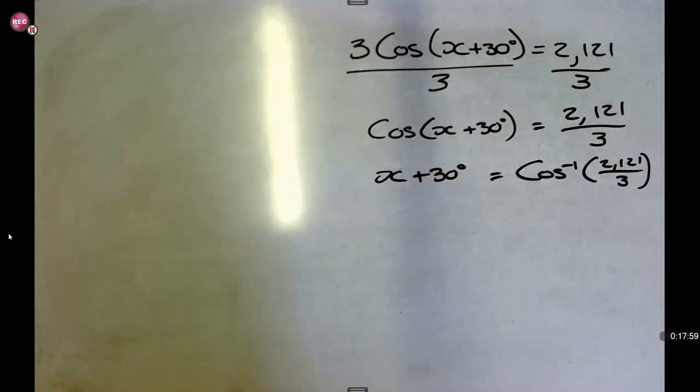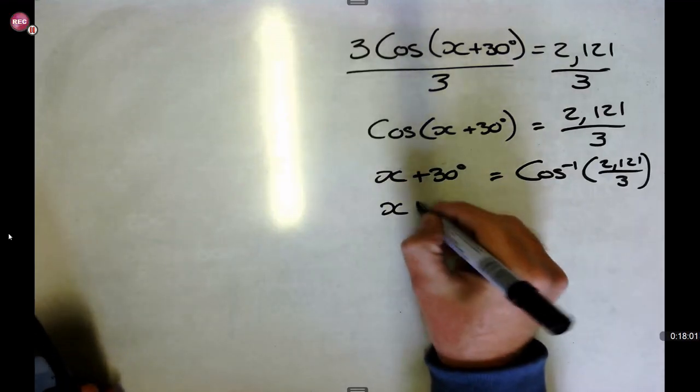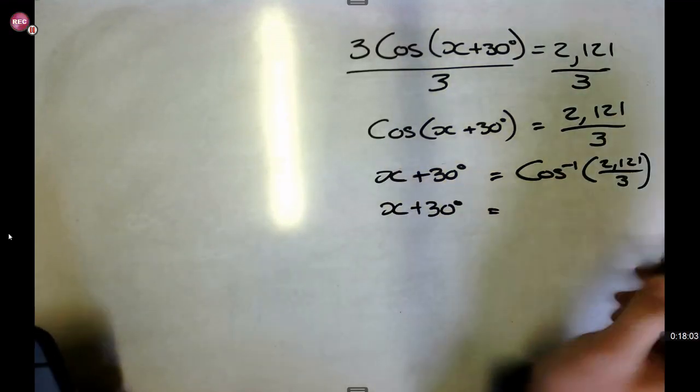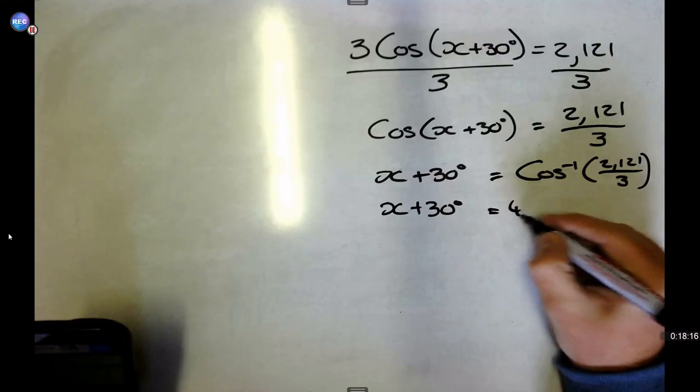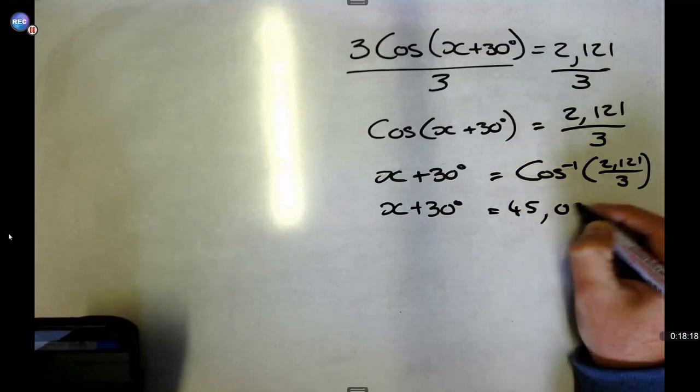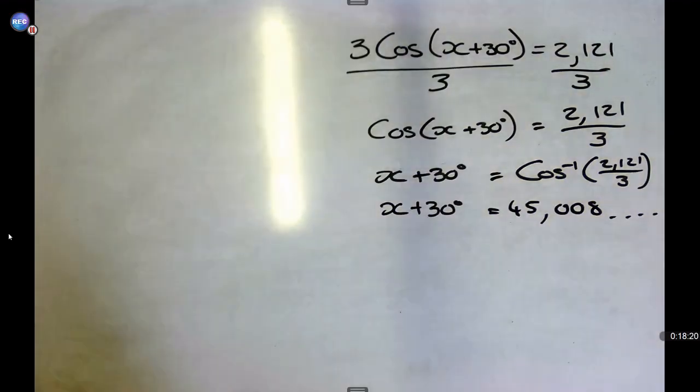So when we go and calculate for cos, so obviously this side we've got x plus 30. When you calculate for cos, you'll say, oh, what's it? 2,121 over 3, and that would give you an answer of 45,008, and it carries on. Okay.